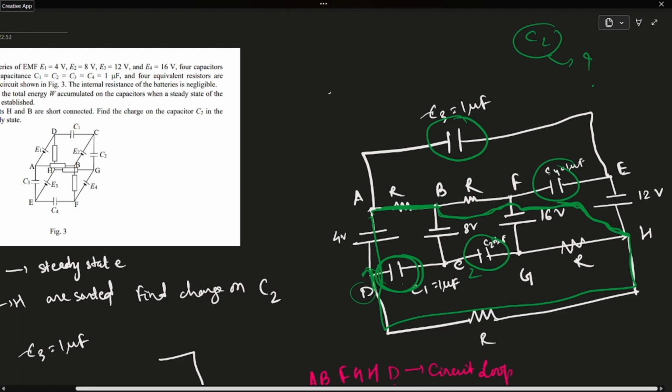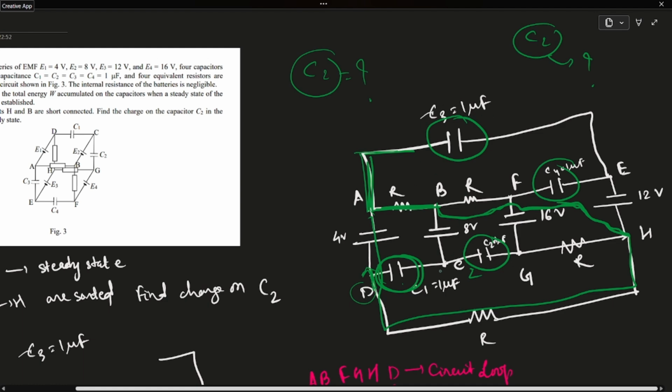We can find it also for C4. But in this case we have to find across C2, right? Then we can find for C3, because A is connected with C3 and current is flowing through the A terminal, so there will be a potential drop across C3, so there will be a non-zero charge.